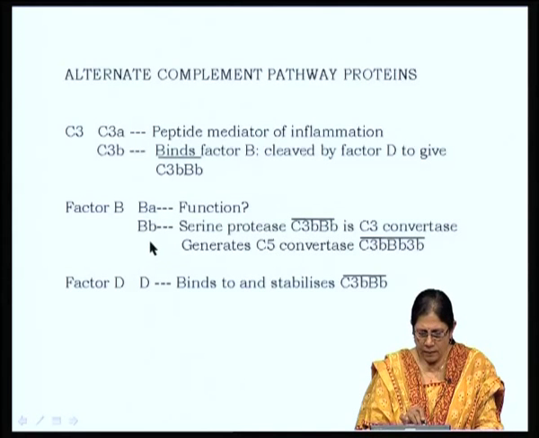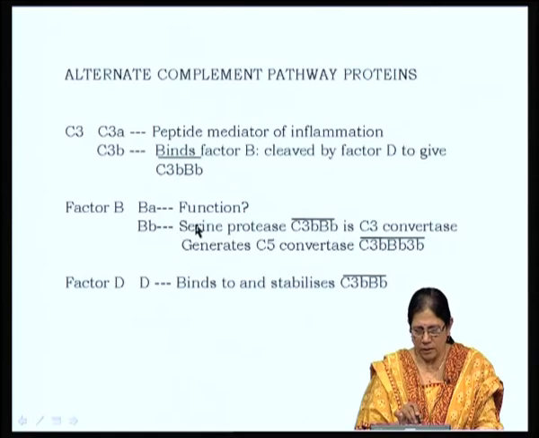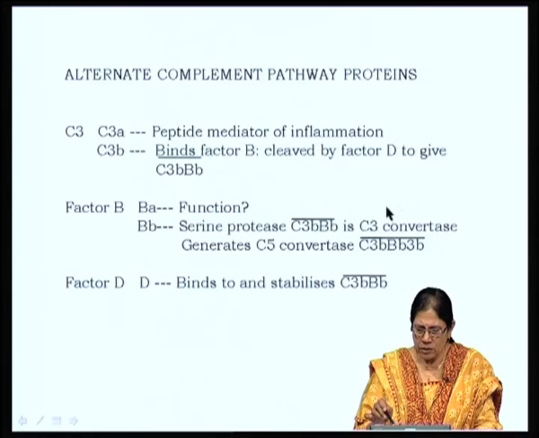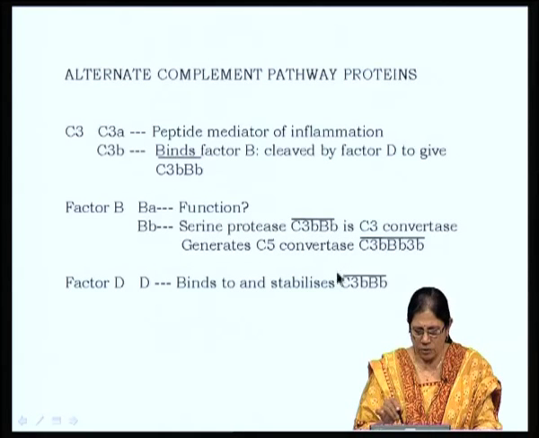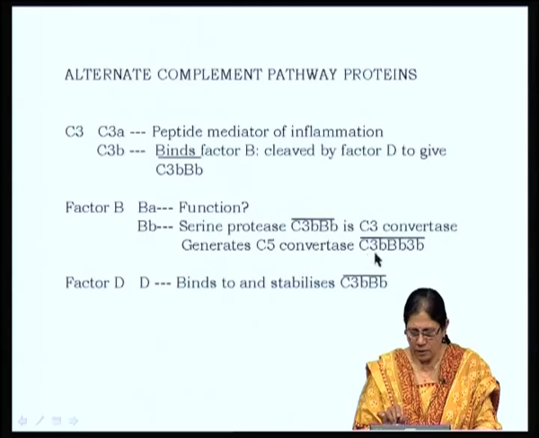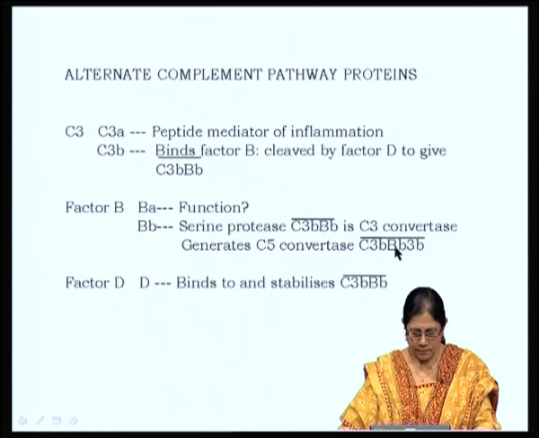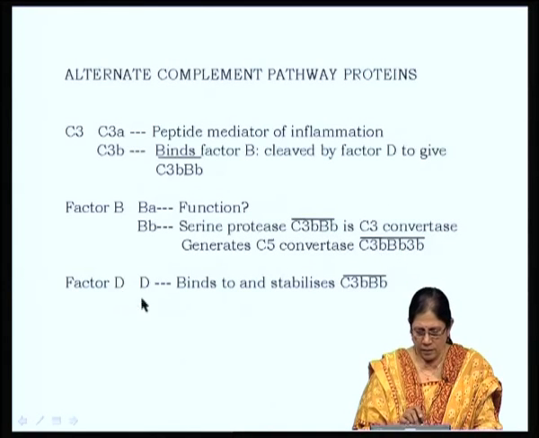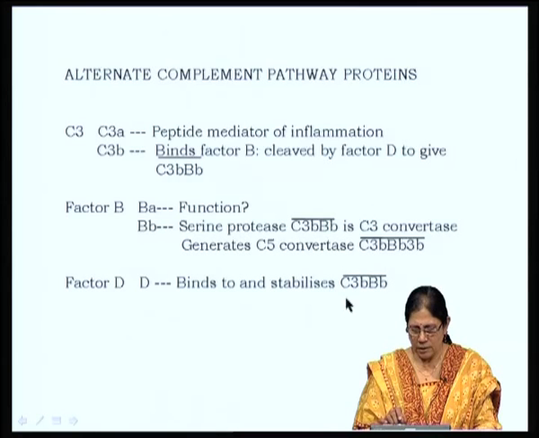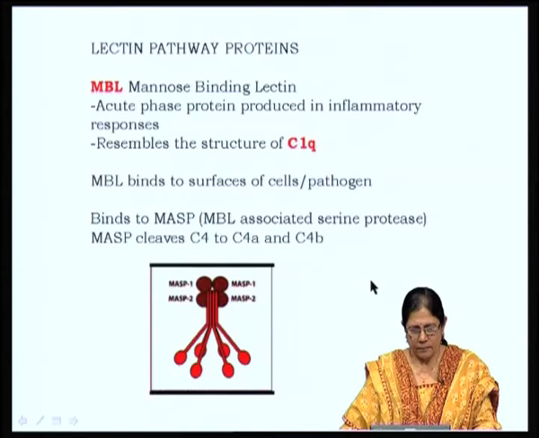The Bb complexes with C3b to make the C3 convertase, and then recruits another C3 molecule, so that there is generation of a C5 convertase. Factor D binds to and stabilizes C3b-Bb.